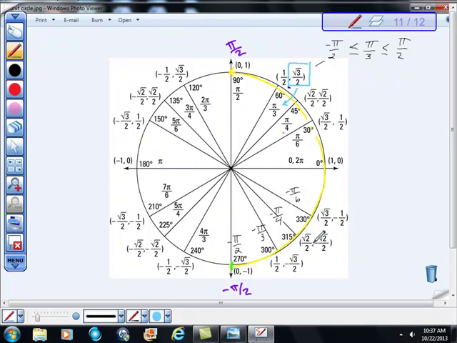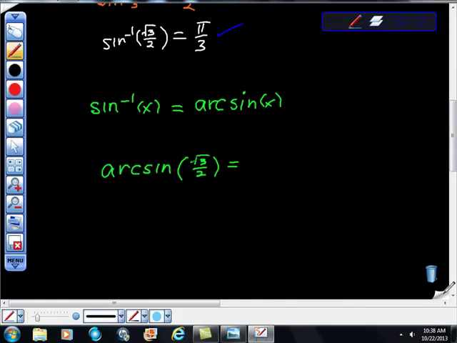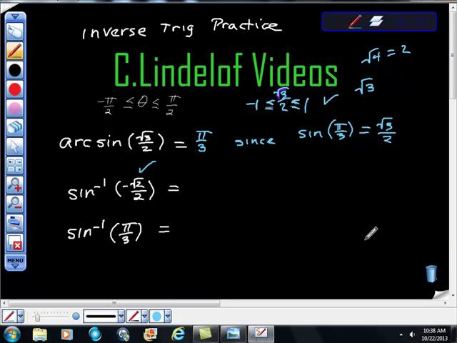Opposite square root 2 over 2 is here, isn't it? And its corresponding angular value is negative pi fourths. I know, I keep going the wrong way. Is negative pi fourths. This is true. Why? Because sine of negative pi fourths is equal to opposite square root 2 over 2. It's good proof, isn't it?